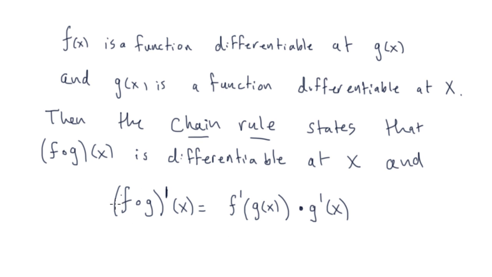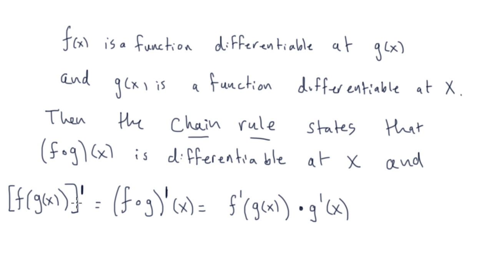And if you're a little uncomfortable with this notation, recall that f composed g can also be written like this. It's f of g of x. And that's really what we're taking the derivative of.